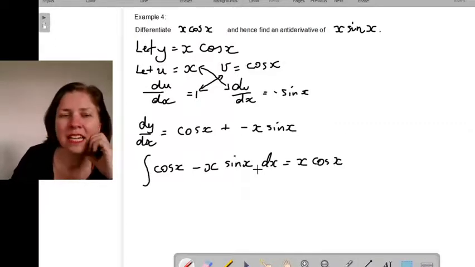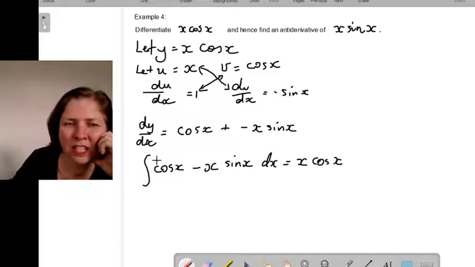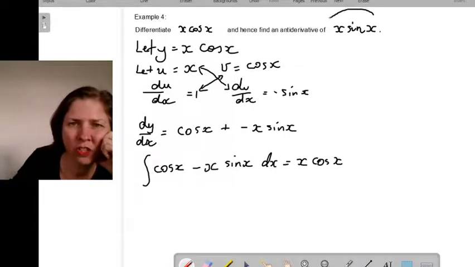Now, what's tricky here is how do I change this antiderivative, cos x minus x sine x, to match the thing that I need to anti-differentiate.